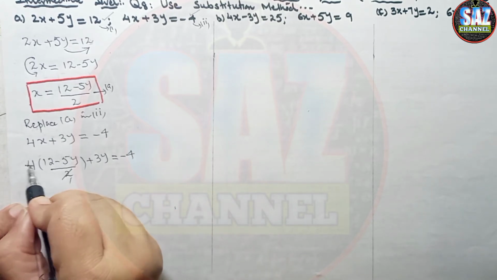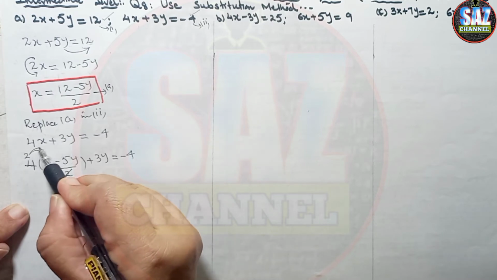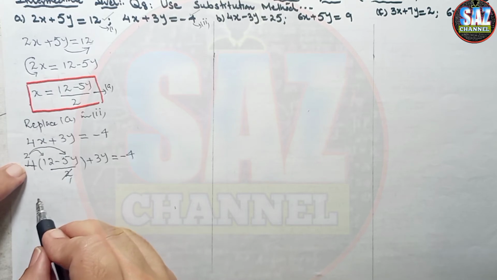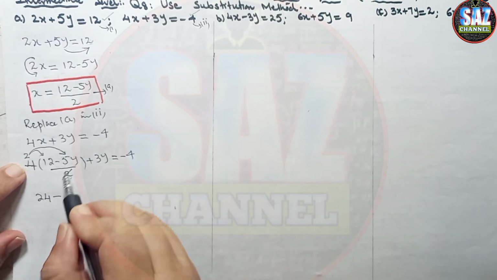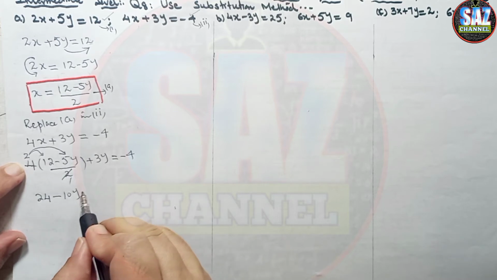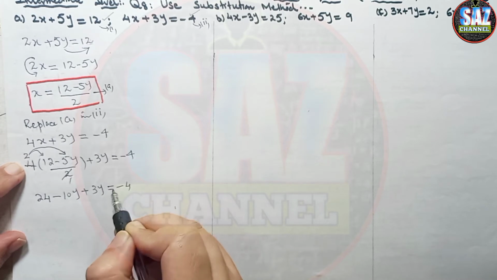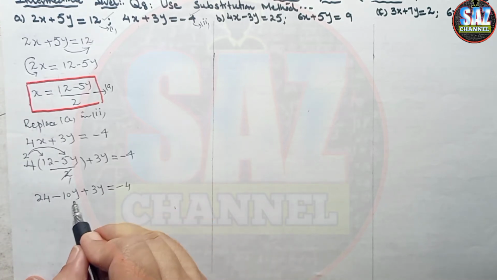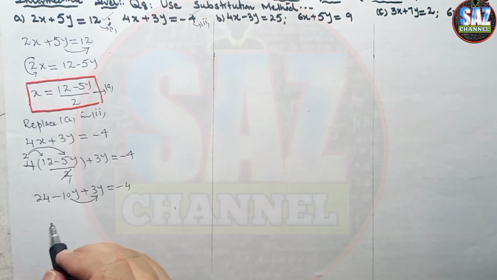Now read the table. 2 ones are 2 and 2 twos are 4, and this 2 has to be carefully multiplied with every term inside the bracket, and equation will take the form 12 times 2 is 24 minus 10y plus 3y equals to minus 4. And now 24 has to be shifted to other side, and I will be solving 10y and 3y.